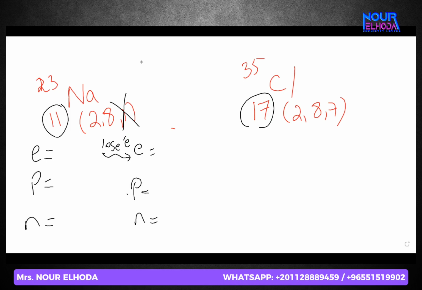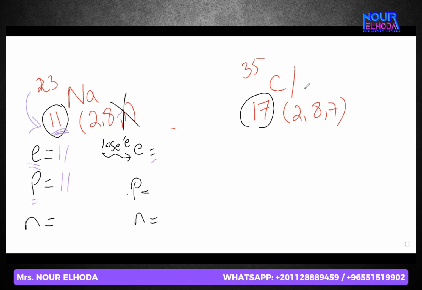Once again, how will I know the electrons? They are the small number, since it is 11, they are 11 electrons, and how many protons? Also 11. 11 electrons and 11 protons. How many neutrons? You do the big number minus the small number.